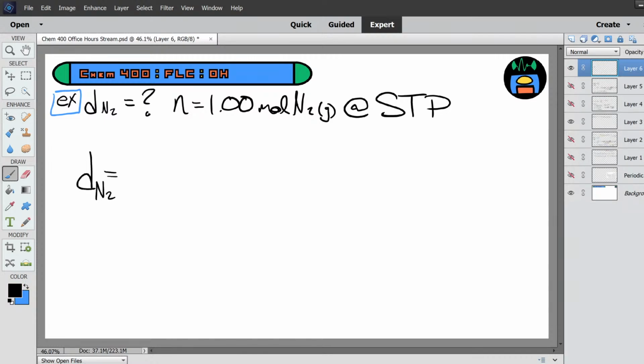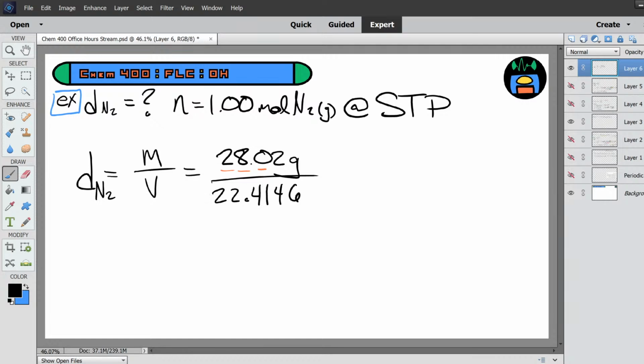Density of nitrogen gas is equal to mass over volume. Our mass is 28.02 grams, and this has 3 sig figs, over our volume, which is 22.414689 liters, and this is 3 sig figs.